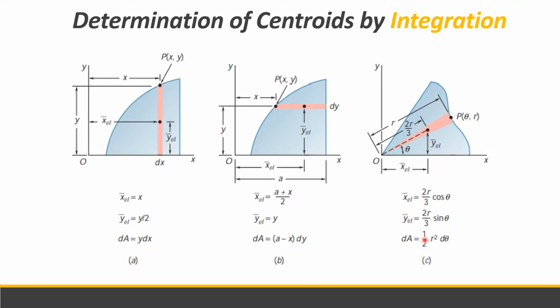And for y bar el is 2r over 3 sine theta. And so, the area is 1/2 r squared d theta. Okay, so ito yung tatlong elements in determining centroids by integration. So vertical strip, horizontal strip, and pie shape na strip.